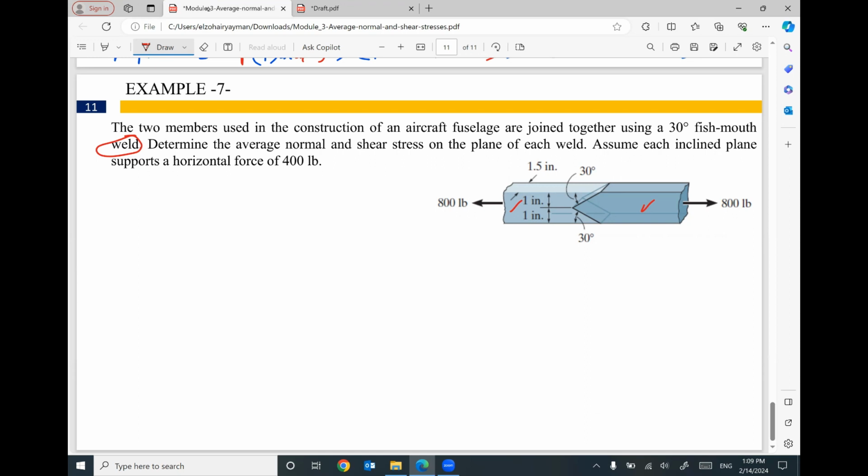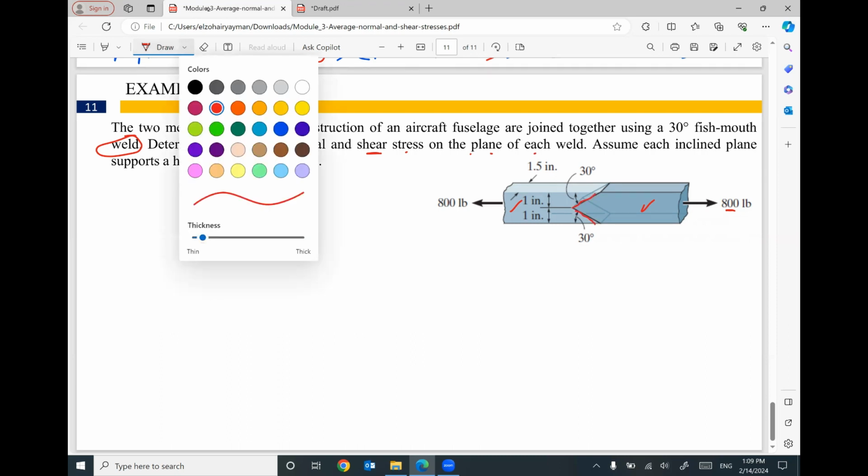And this member is under the effect of two forces, looks like these two forces are pulling, so it's tension, 800 pound. We need to figure out what is the average normal and the shear stress on the plane of each weld, which is this one and this one.